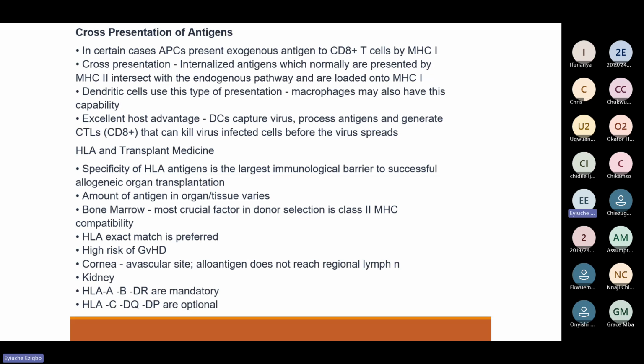That is the classical pathway, but it also brings to our attention that sometimes there can be cross presentation of antigens. So that's just what this slide is all about.